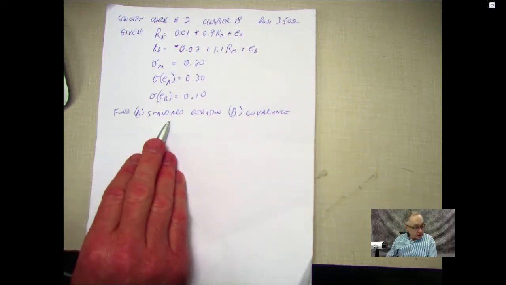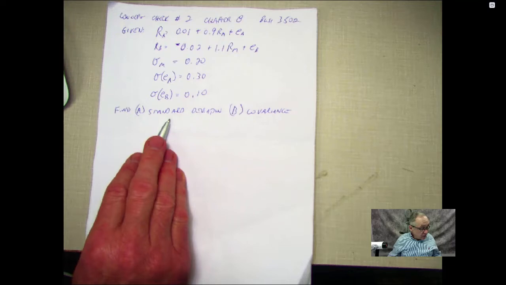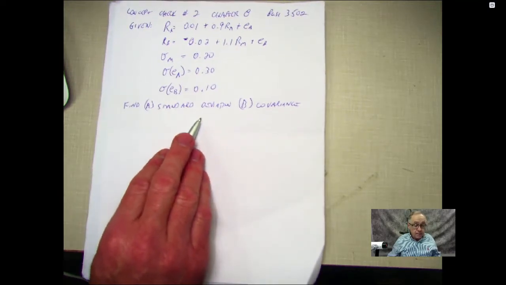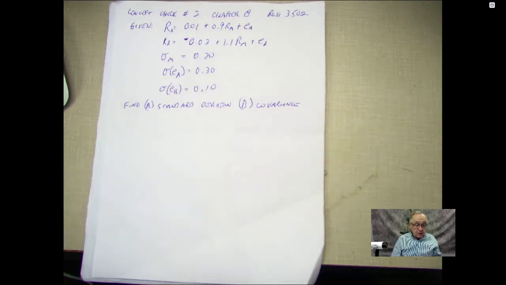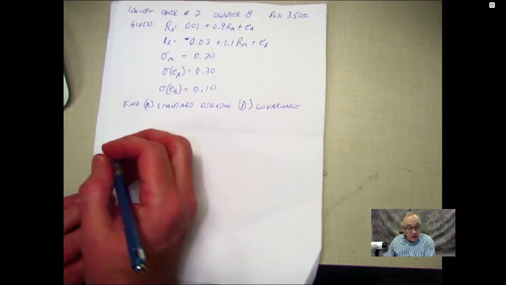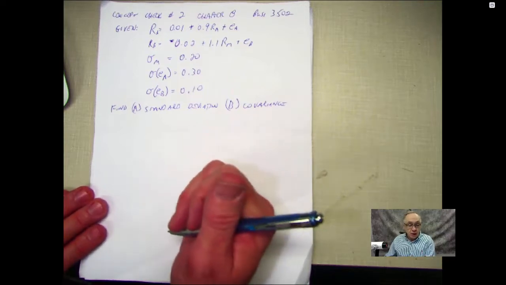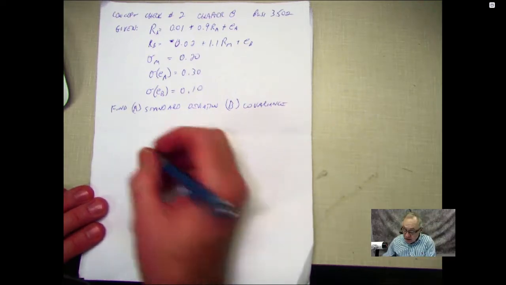So two things were asked in the concept question: find the standard deviation and the covariance between them. So, setting out the information that we have, the formula given for our chapter, this is arbitrage pricing theory, APT.